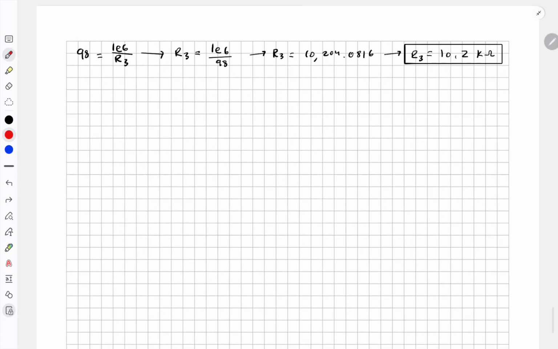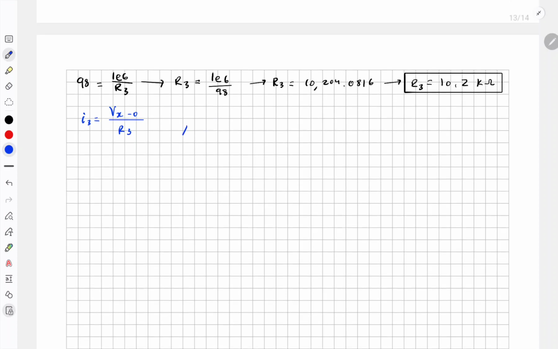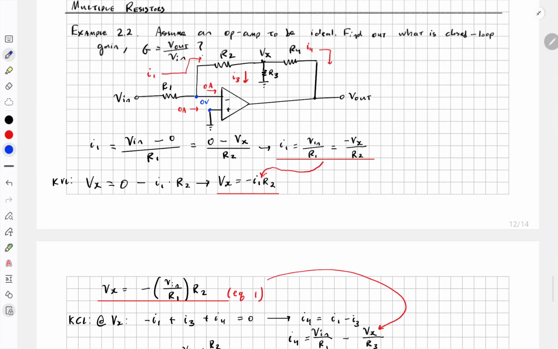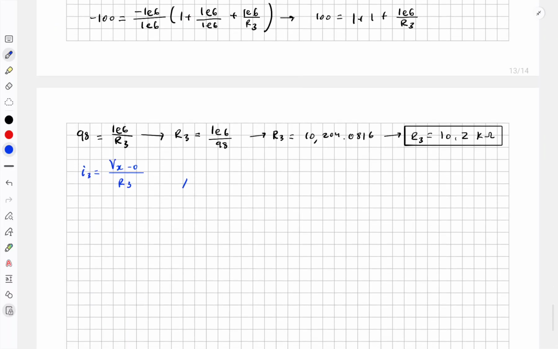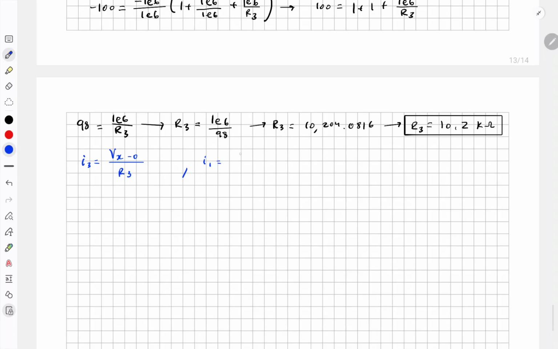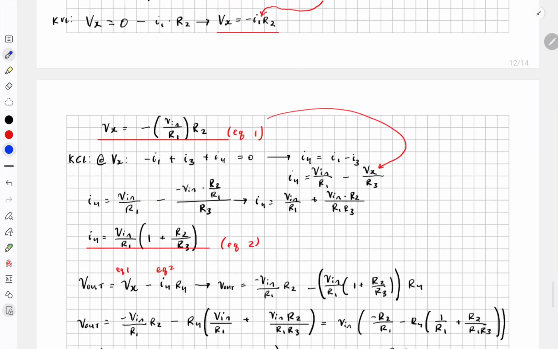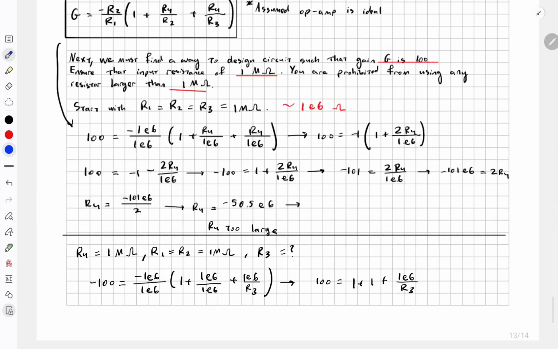And then also I1 is equal to 0 minus Vx divided by R2.